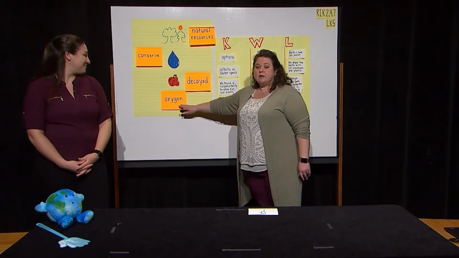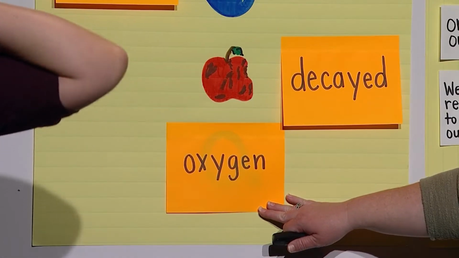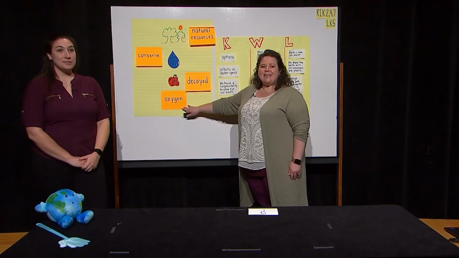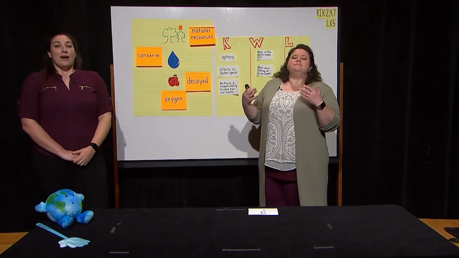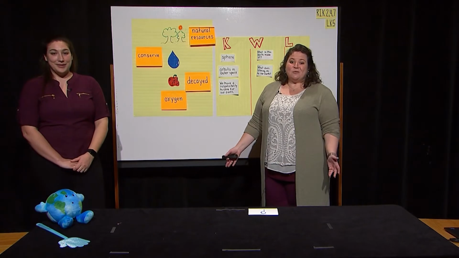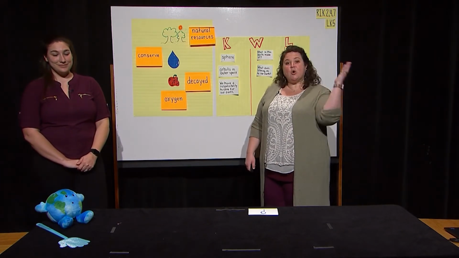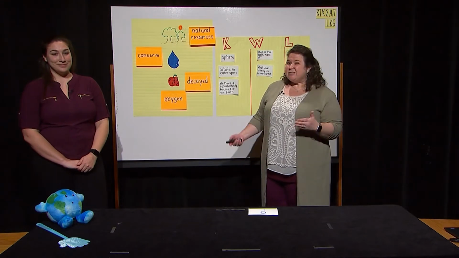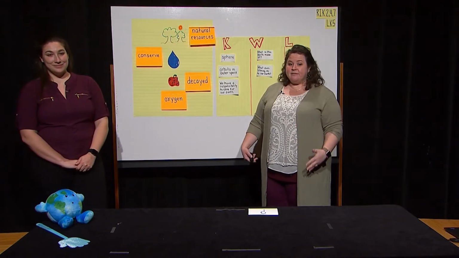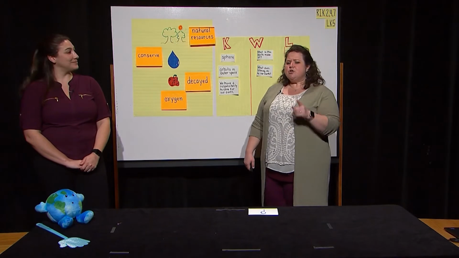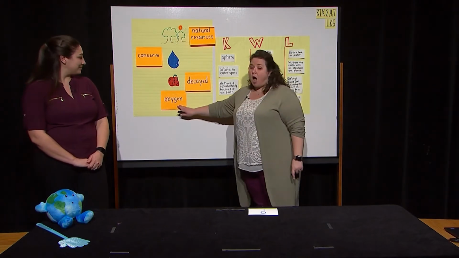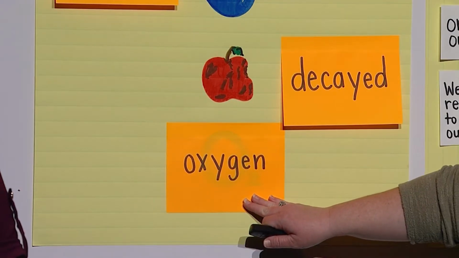Our last word is oxygen. Everyone, let's take a giant deep breath. What we just breathed in was oxygen, the part of the air we breathe that's needed for us to live. So to remind us about the word oxygen, we'll breathe in deeply.